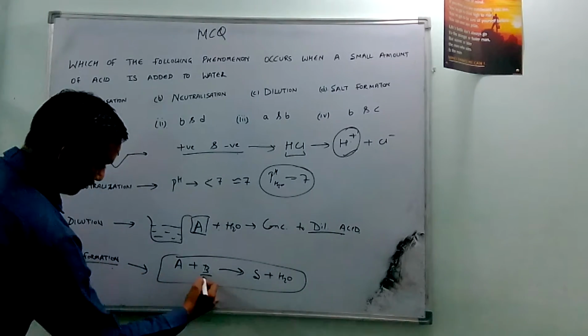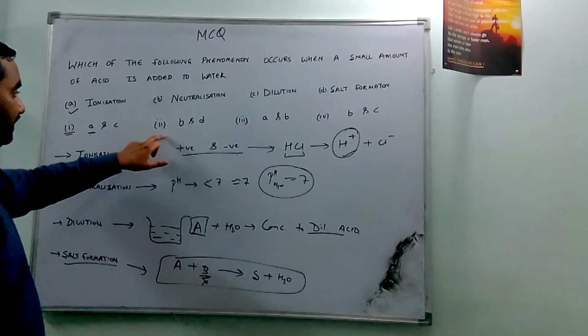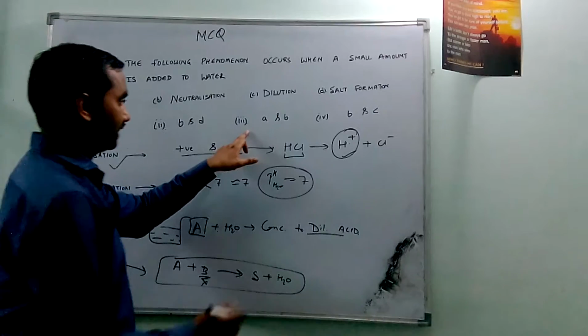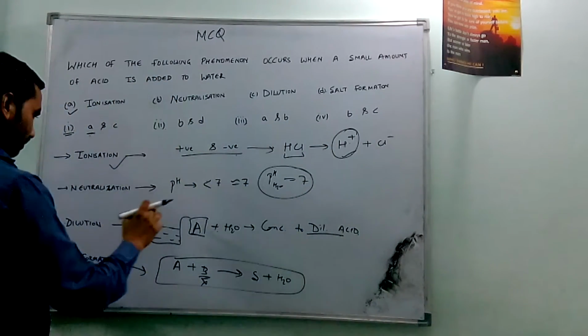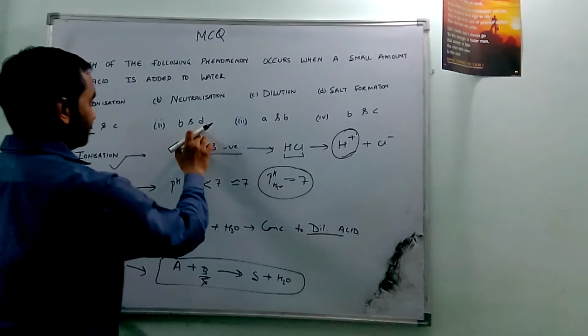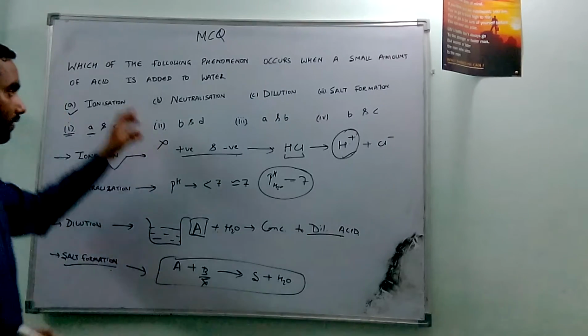Salt formation is not occurring because no base is there, so no salt will be formed. So wherever D is used, it can't be the correct option. Second, third and fourth all have D, so the second will not be an answer to our question.